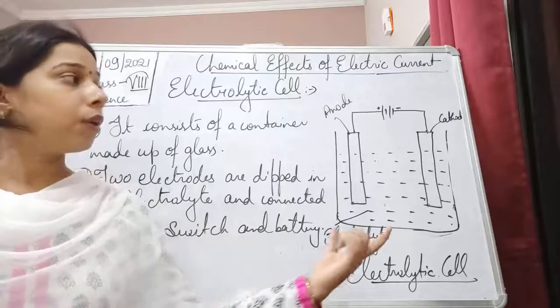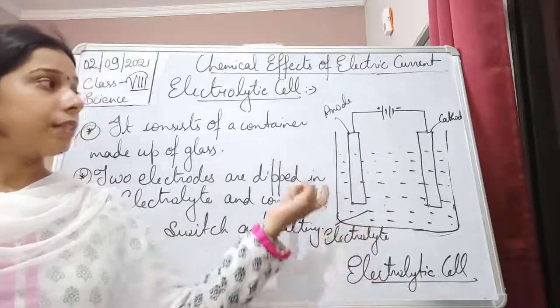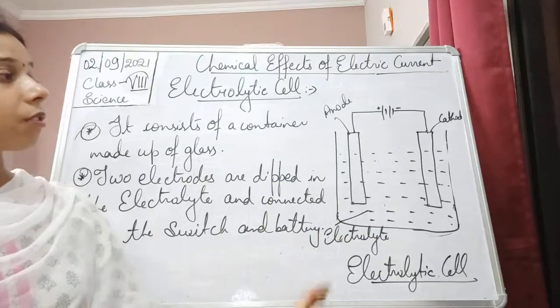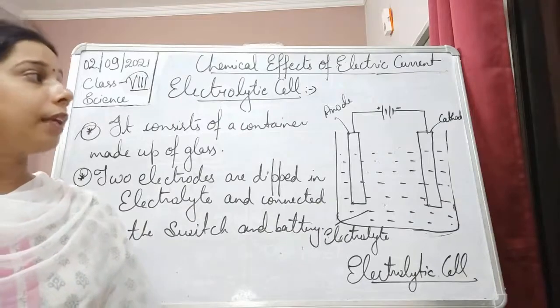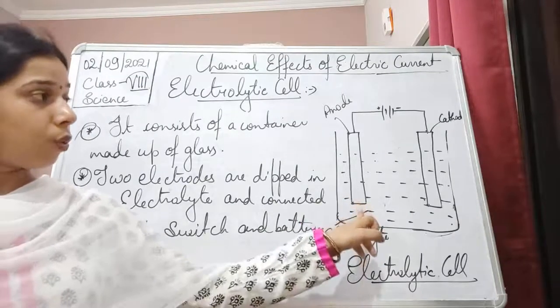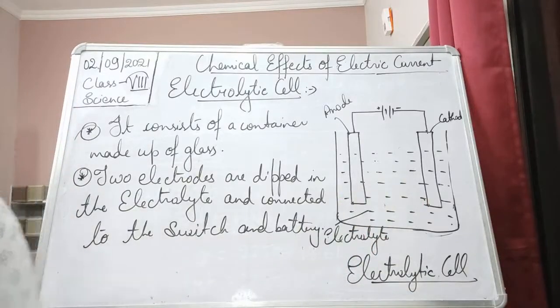The positive one is called a cation, and the negative one is called an anion. So anions will start moving towards the anode, and cations will start moving towards the cathode.